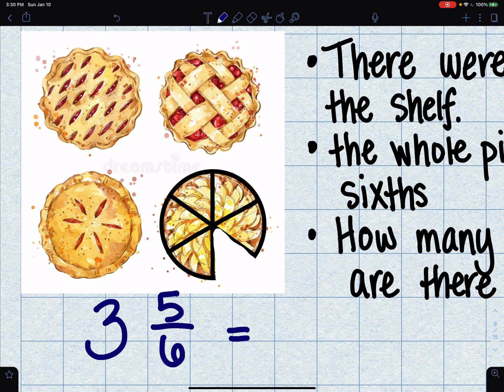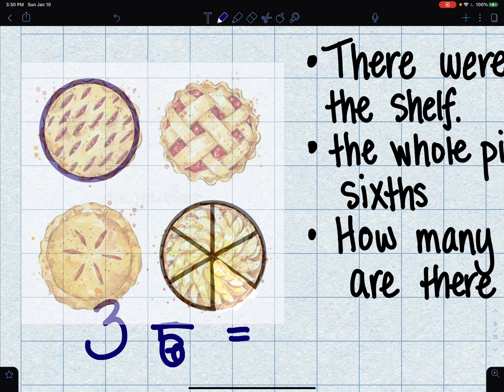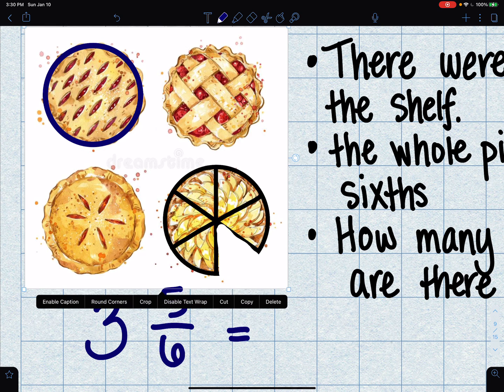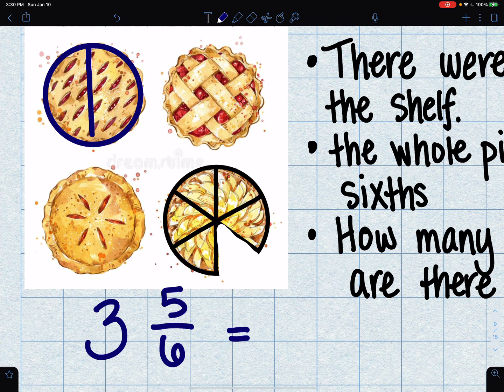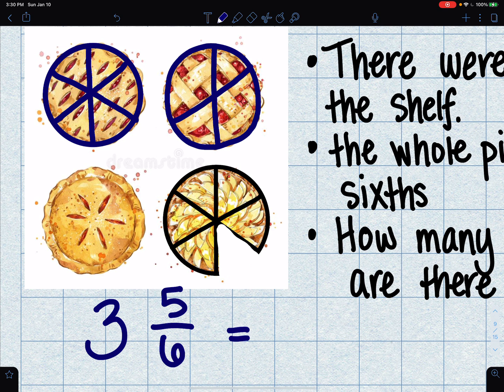So let's say I take this piece of pie and I'm going to cut it up. Remember how we cut it into 6? We put a line down the middle. Whoops, we don't do that. We put a line down the middle and then we make an X. Okay, now this one. And then we do a line down the middle and then make an X. And what about this one?